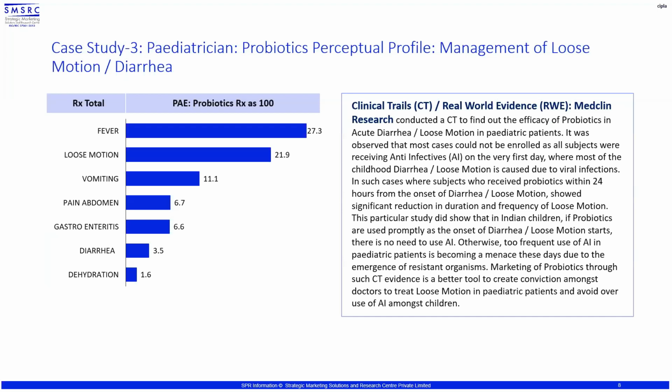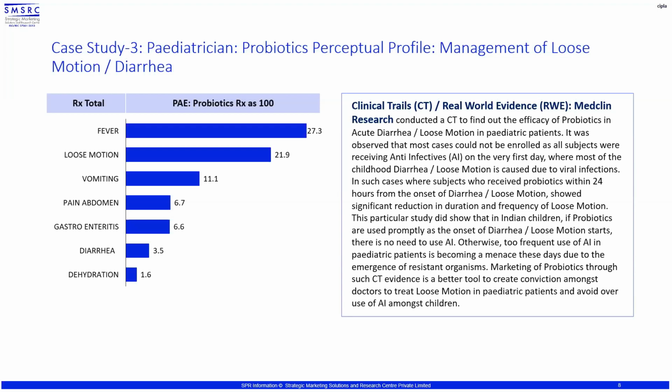Case study 3: pediatricians, probiotic perceptual profile, management of loose motion and diarrhea. This case study was conducted by our associate company, MedClean Research, which was formed in 1996 and has been doing a lot of multi-center clinical trials across different therapy areas in the country.